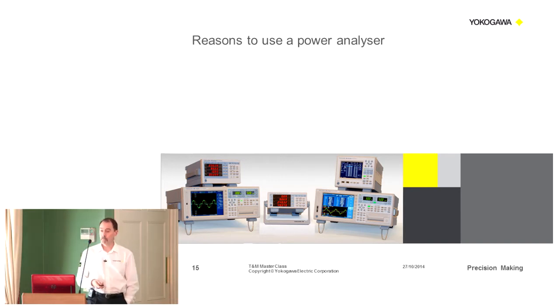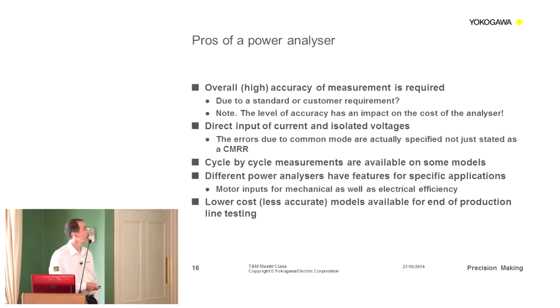So, reasons to use a power meter or analyzer. Essentially we use them a bit interchangeably, but really it's only an analyzer if it has more sophisticated measurement capability rather than just the numbers. You can see we have a range of these things, some of which show some waveform and some that don't.